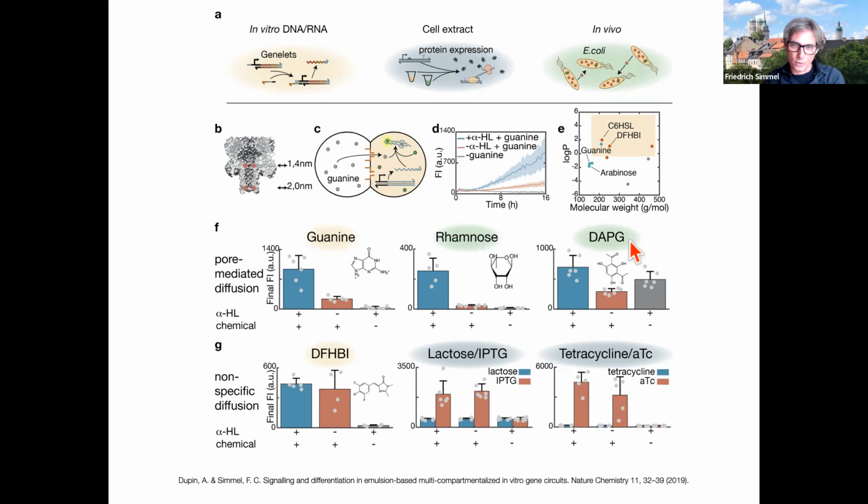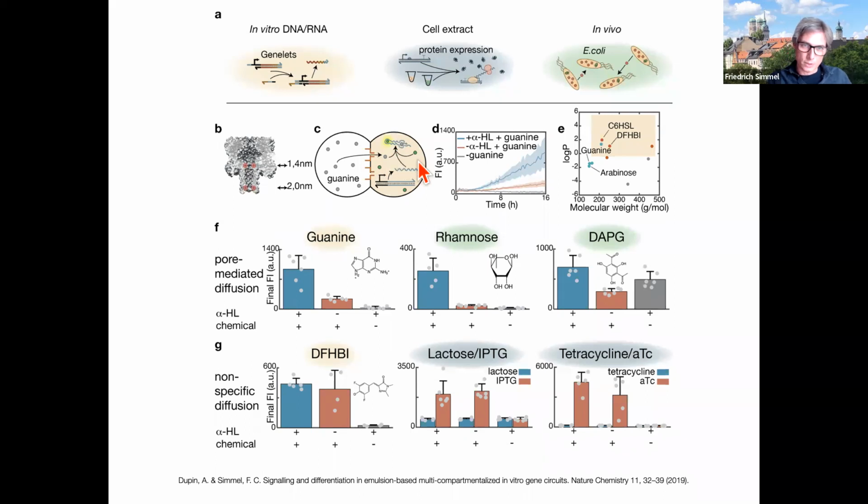The color code here shows that, for example, in this case, we used guanine in one droplet, and the guanine goes through the alpha hemolysin. And what we have here is a fluorescent aptamer that is fused to a guanine aptamer, and that detects the presence of guanine.